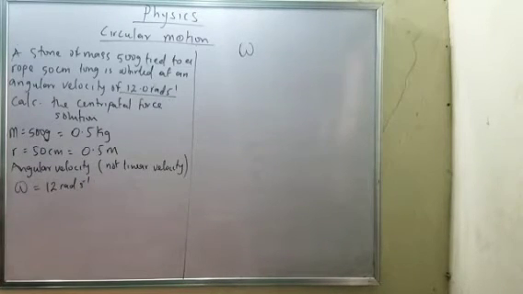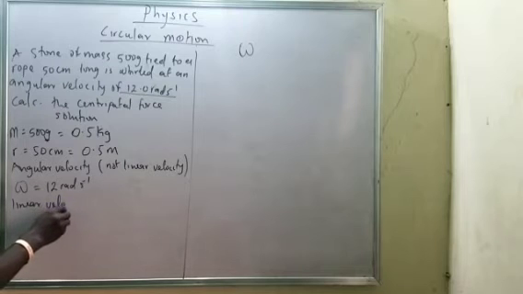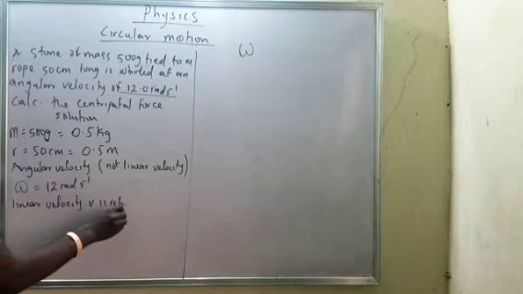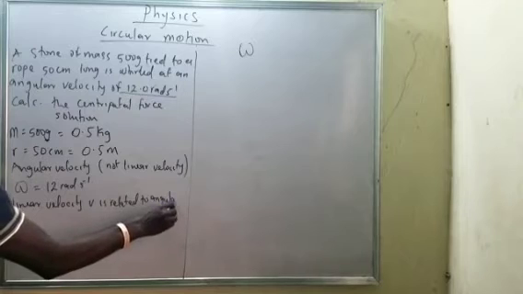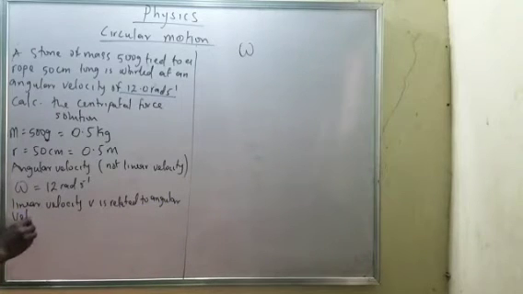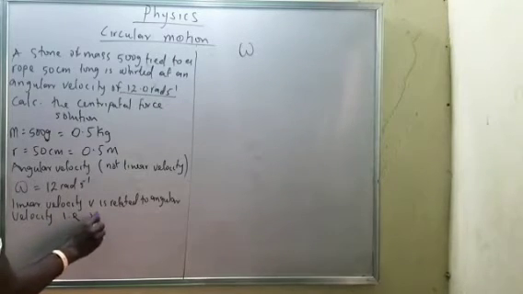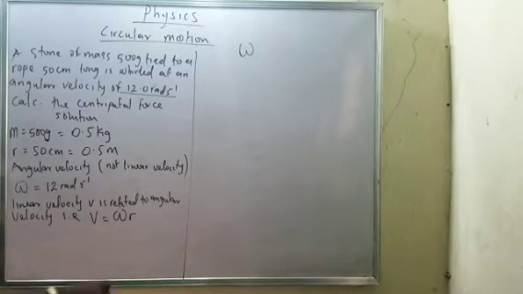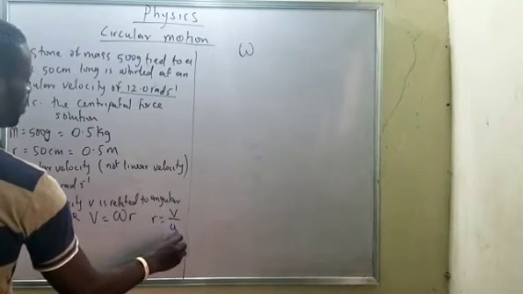Now, since I have it this way, I can say that my linear velocity, which is v, is related to angular velocity, that is v equals ωr, which means r will be equal to velocity over angular velocity.